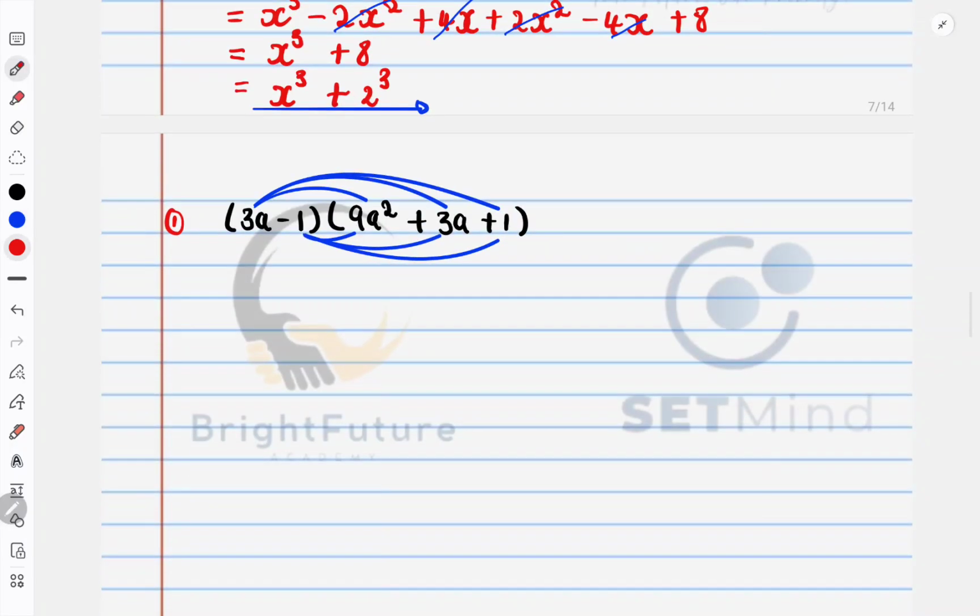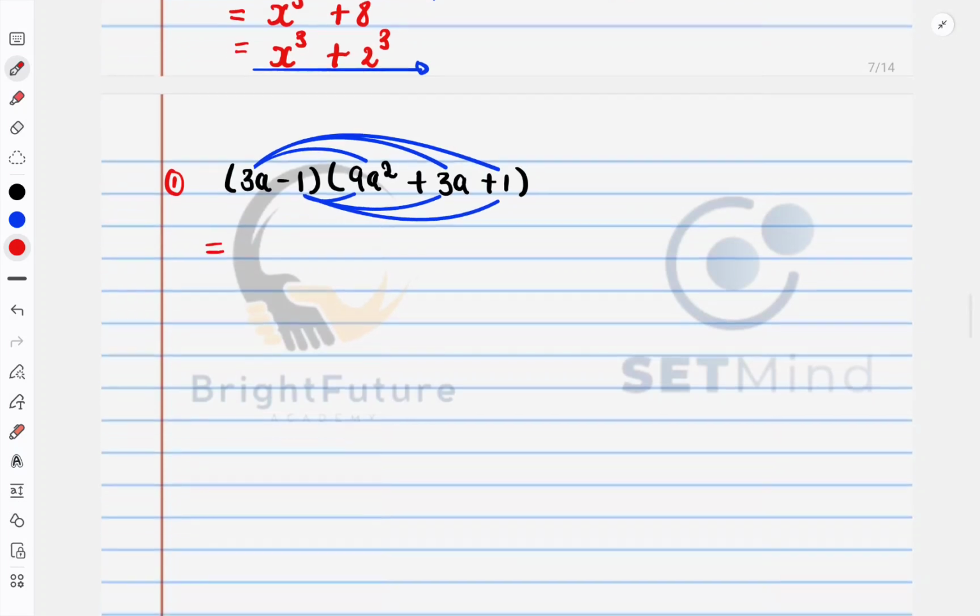We do the same thing. 3a multiplied by, we multiply everything in the second bracket by the first term. So 3a multiplied by 9a squared, 3 times 9 is 27a cubed, plus 3a multiplied by 3a will be 9a squared, plus 3a times 1 is 3a.